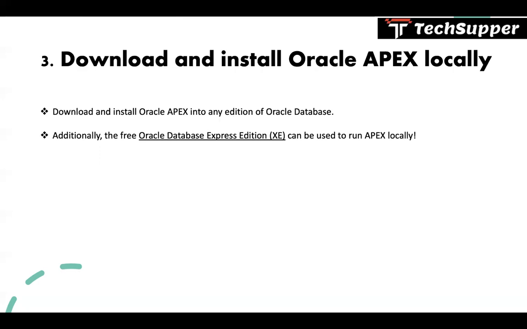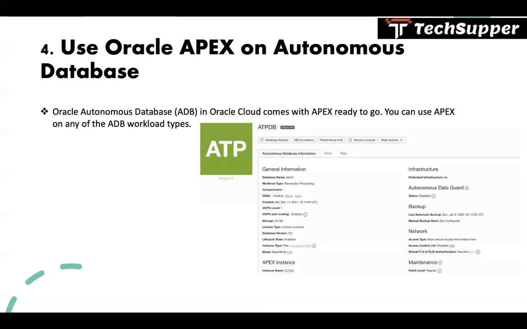So you must have the database up and running on your local machine, and then you can download and install Oracle Apex. Additionally, the free Oracle database XE version can be used to run Apex locally. But you need to download Apex and install it. There will be a manual effort. This might be a little tricky.